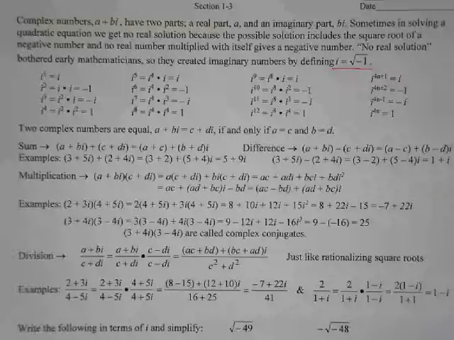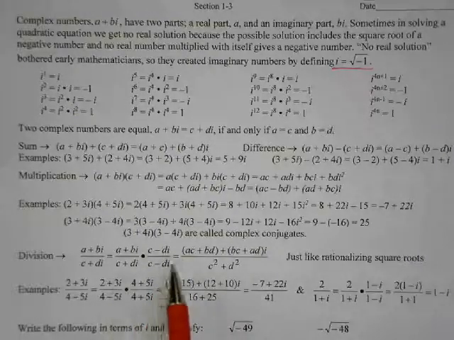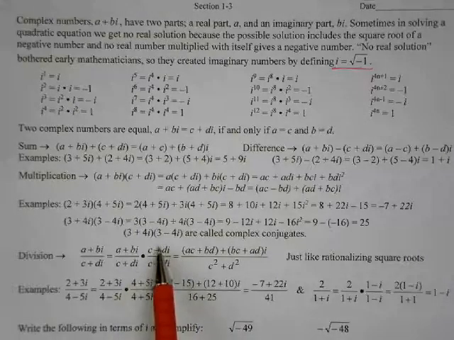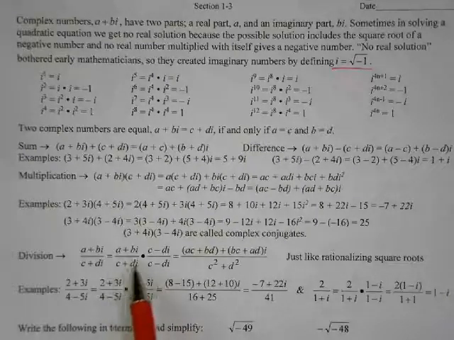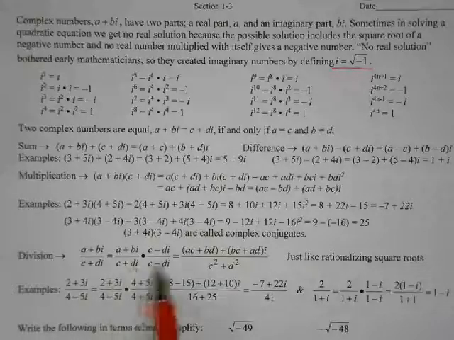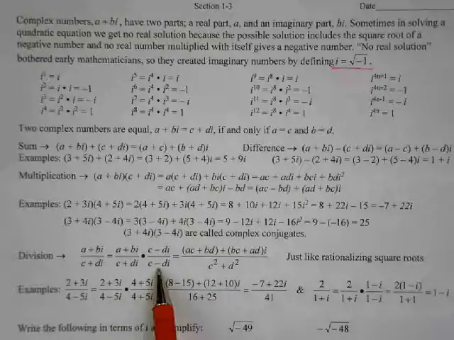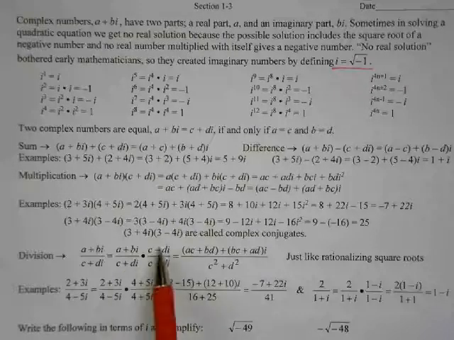If we are doing division of imaginary numbers, what we have to do is multiply the top and the bottom by the complex conjugate of whatever is down there. So note, if this is C plus DI, then this is C minus DI over C minus DI. If that one was C subtract DI, then these guys would both be pluses.